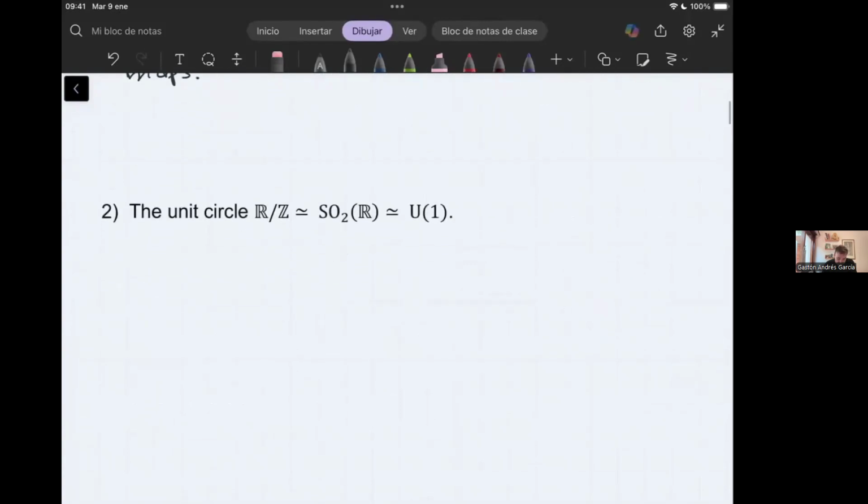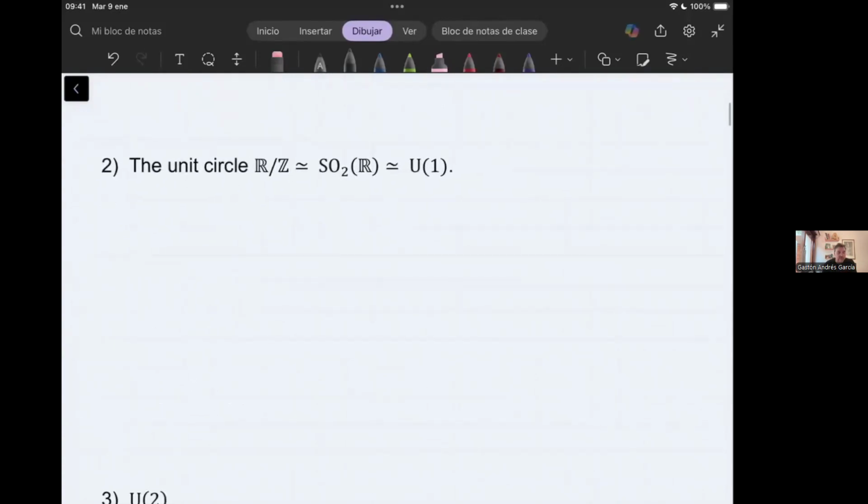So the first easy group that we have is the circle group, the unit circle group. And it has a lot of descriptions. Because we can play with the topology and things like that, the same group appears in different ways that one can describe.